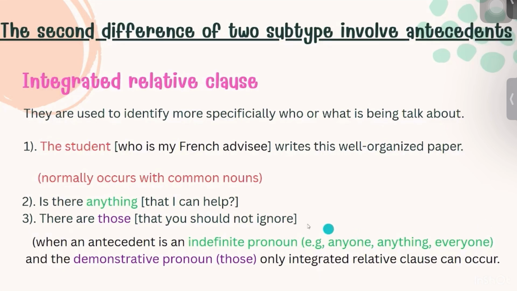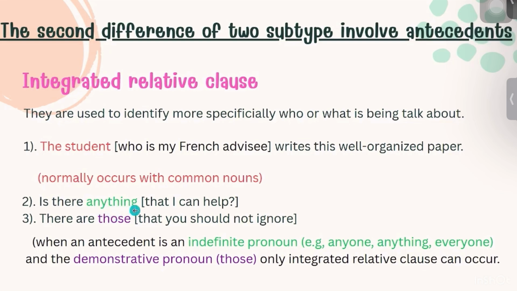So for the first example, the student who is my French advisee writes this well-organized paper. As you can see, relative clauses normally occur with common nouns. And let's look at the second and the third example.